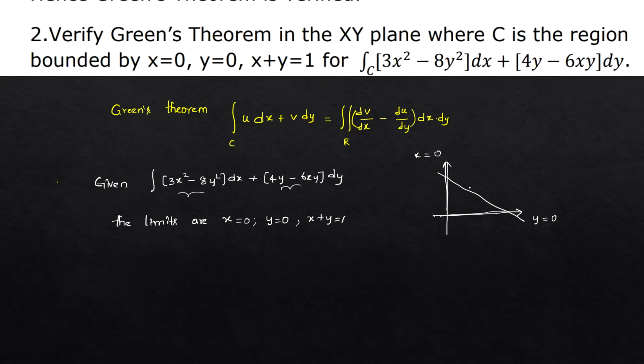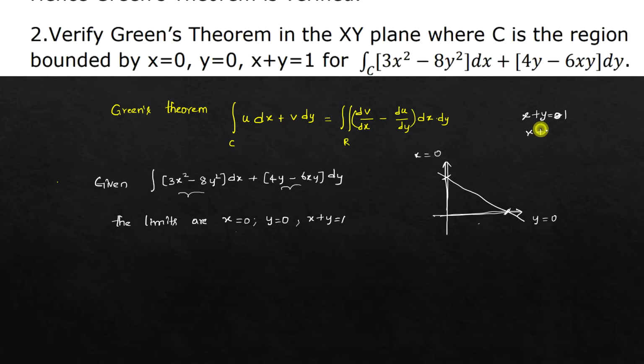Now we have to find where it meets the x-axis and where it meets the y-axis. I already told you a technique for finding the x-intercept and y-intercept. Here, x plus y equal to 1. To find the x-intercept, put y equal to 0.